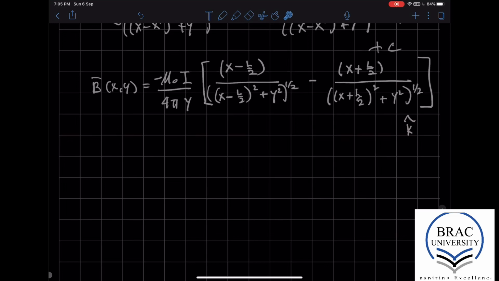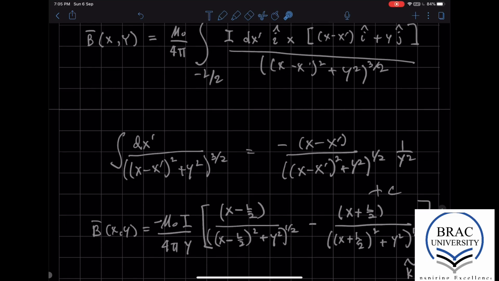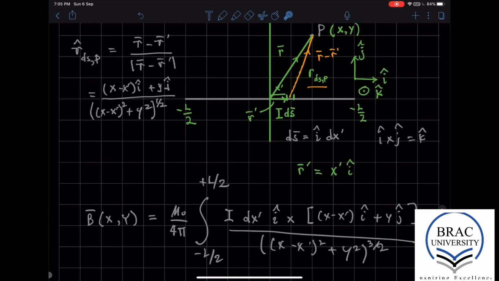Once we have derived this, let's look at the limit in which this wire becomes infinitely large, so that L goes to infinity. What is the magnetic field due to an infinitely large wire for a point P which is close to the wire?